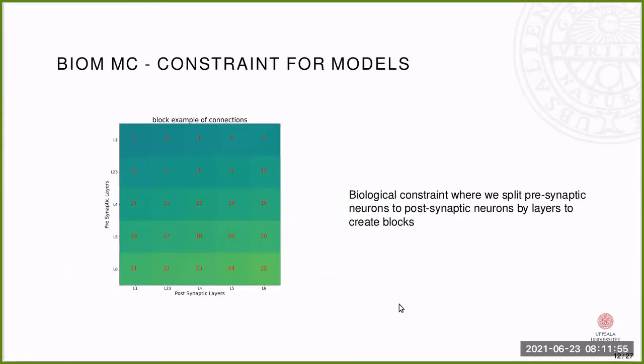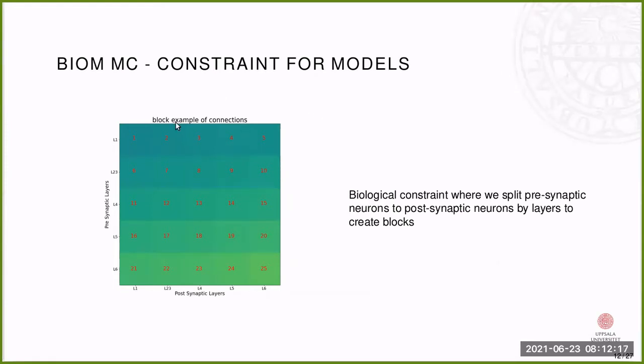Okay, so for our models, we want to have a few constraints. One of these constraints is to split the connectome into blocks, where each block represents a layer-to-layer connection.